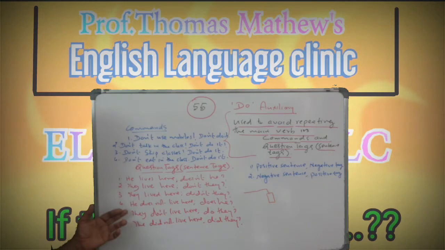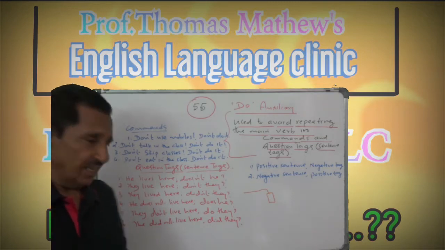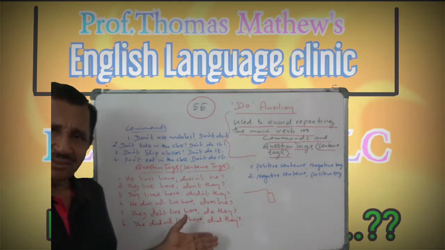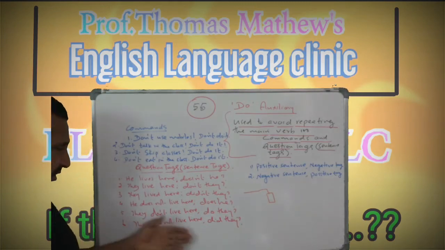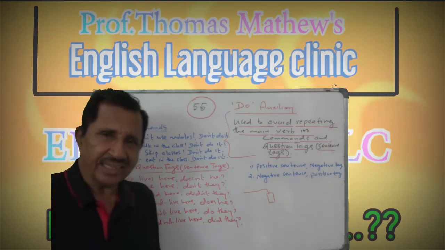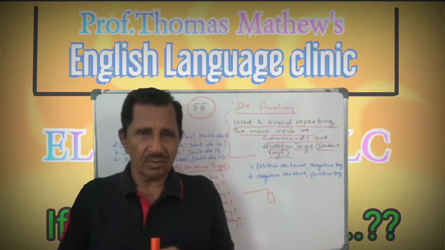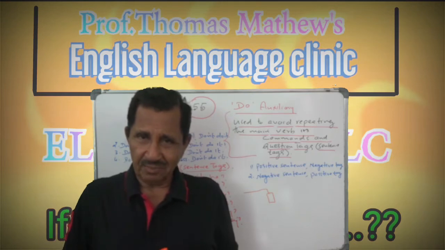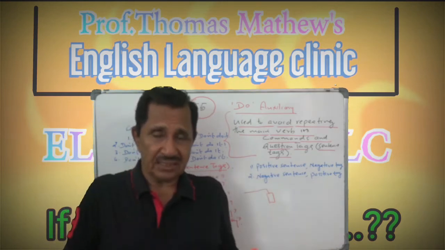Now look at the next one. He doesn't live here, does he? And then they don't live here, do they? Negative sentence, positive tag. And they did not live here, did they? So these are the things that you have to remember: look at the tense, then singular or plural in the present tense, and also don't repeat the subject as such.